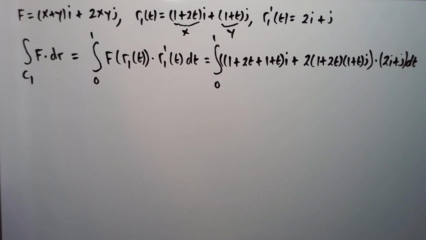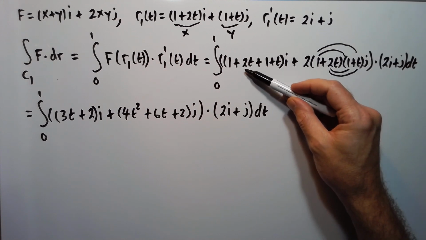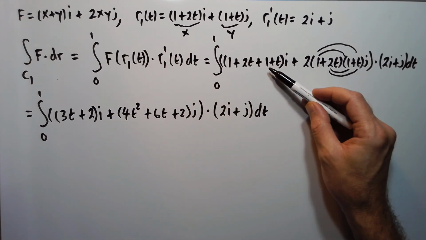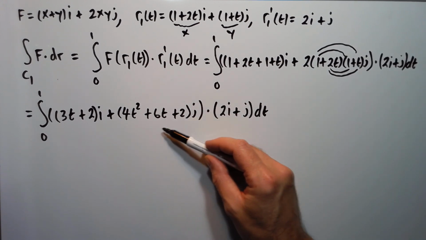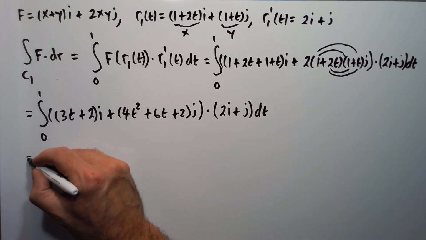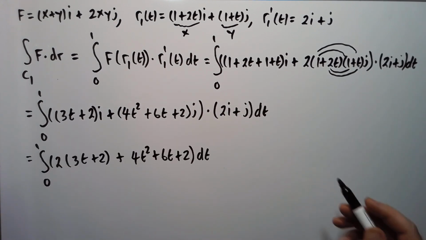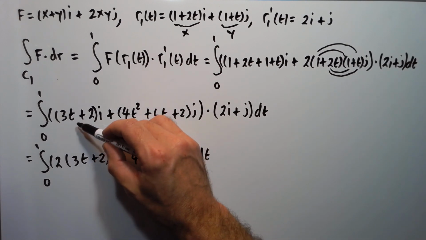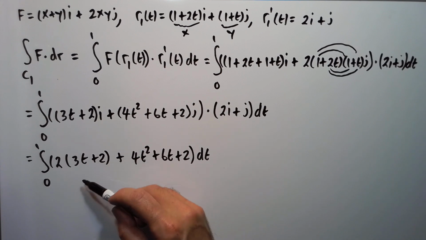Okay, so let's work this out. Adding things here, 2t plus t would be 3t, 1 plus 1 is 2. Then multiplying this stuff out, you'll get this right here. Then doing a dot product, we'll have 2 times this, so I have 2 there, and 1 times this will be this here.